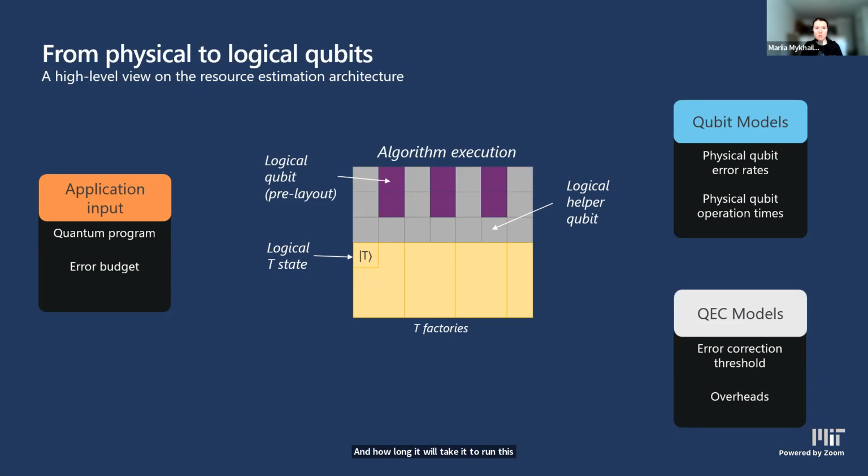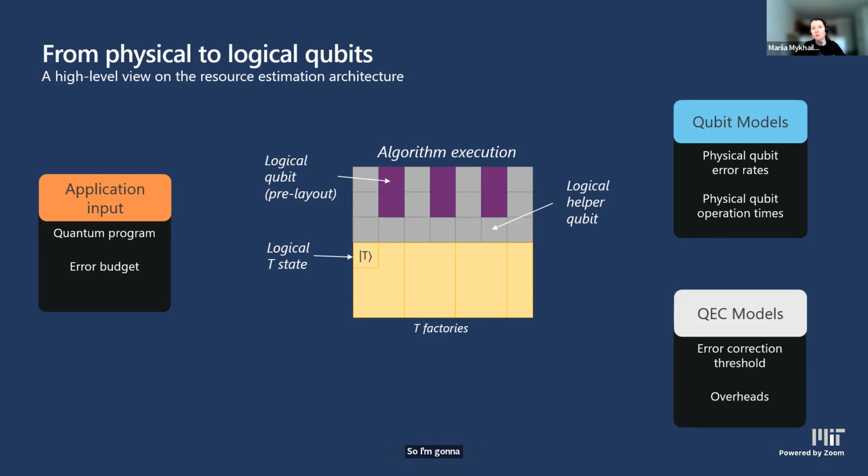So the inputs to the resource estimation service come from multiple places. On one hand, the obvious input is your application. It is the quantum program that you have written and the information about the errors that you can afford to make in it. Some algorithms are more sensitive to errors, some are less.